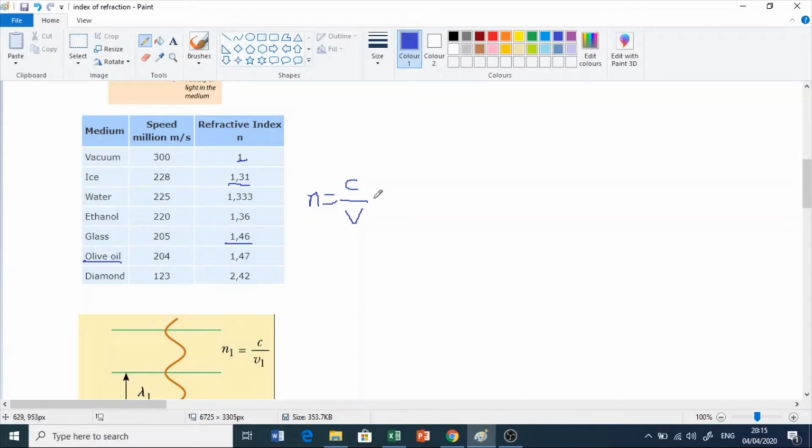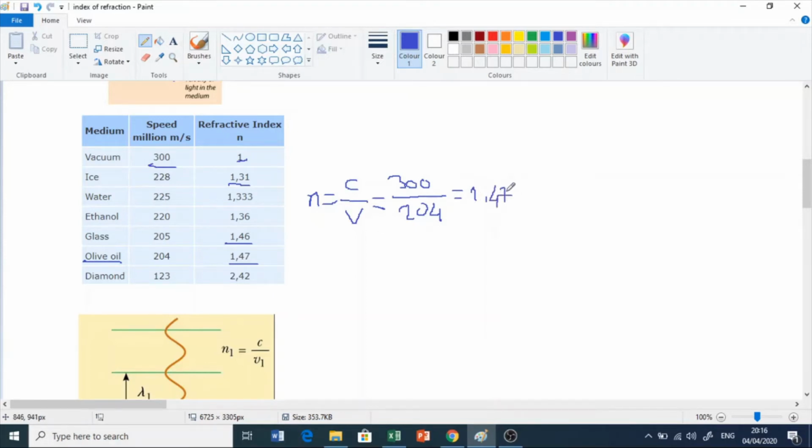Now, n will be equal to c, the speed of light in vacuum, which is 300 million meters per second, divided by 204 million meters per second. I am not writing the millions. If you divide these two, you are going to get 1.47.